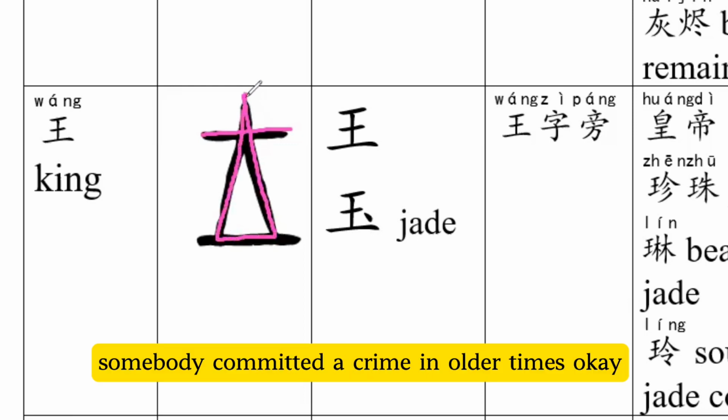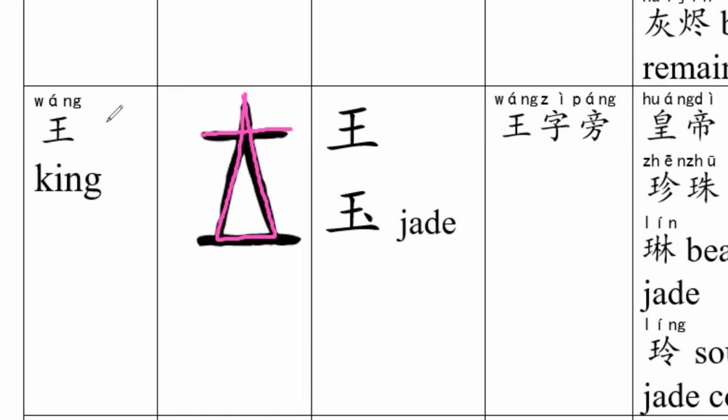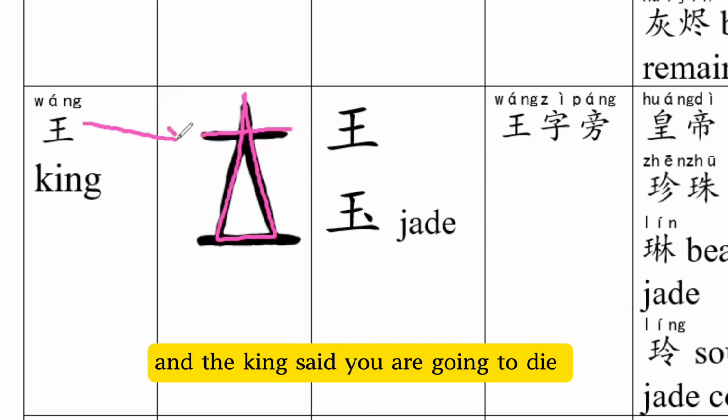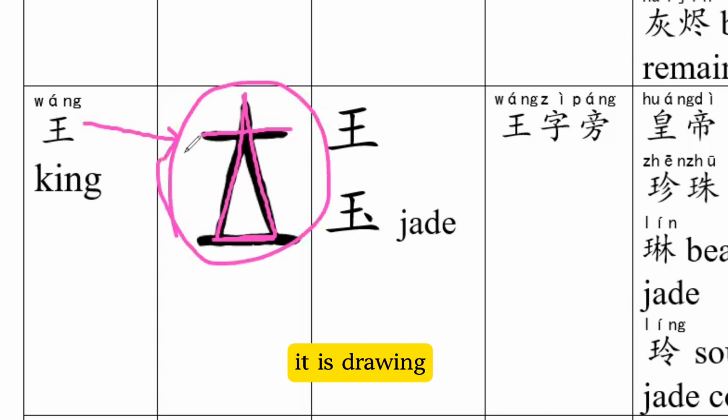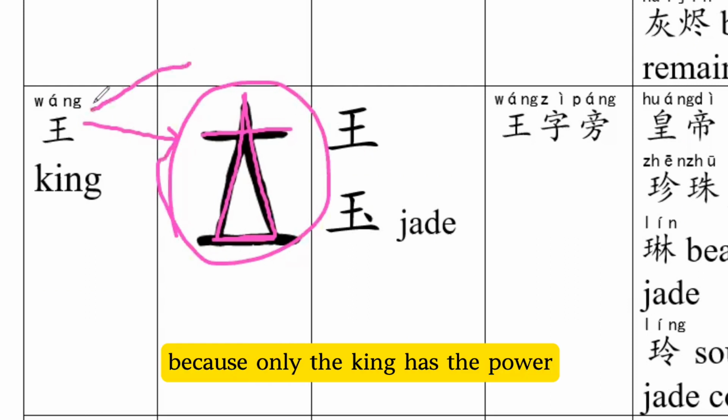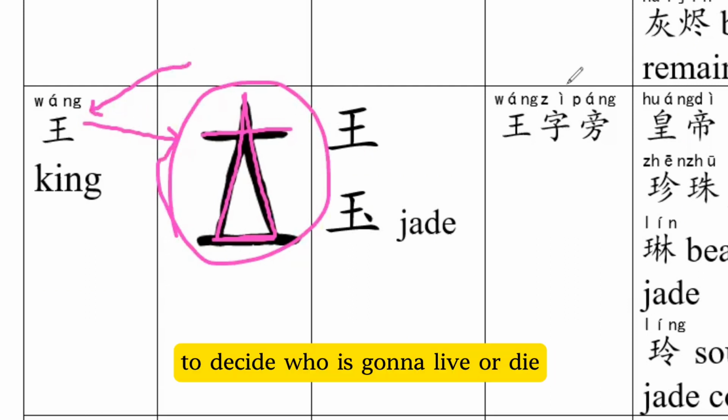Somebody committed a crime in older times, and the king said, you are going to die. So we're going to use this thing to cut your head off. So that's the thing. Here it is drawn, because only the king has the power to decide who is going to live or die.